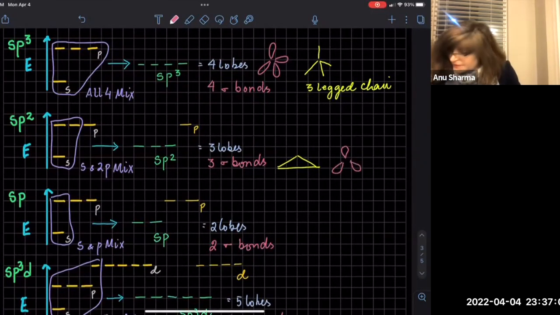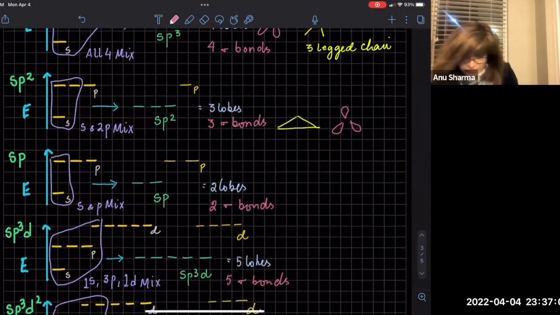So 3 lobes, Sp2, sigma bond. Okay, and this is like a triangle, or like a pizza. Pizza. Okay. Next is the Sp.